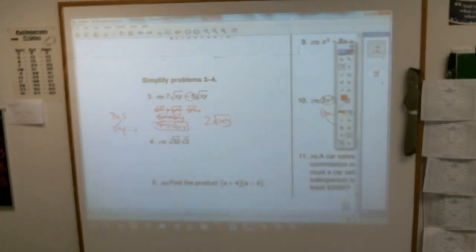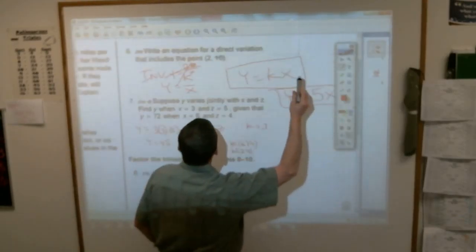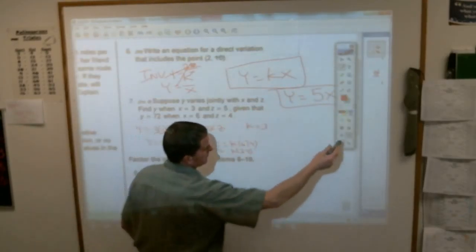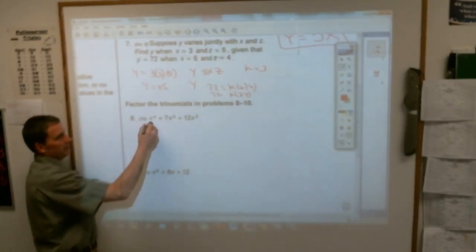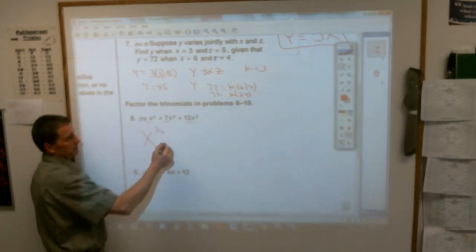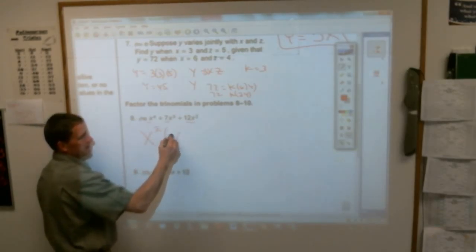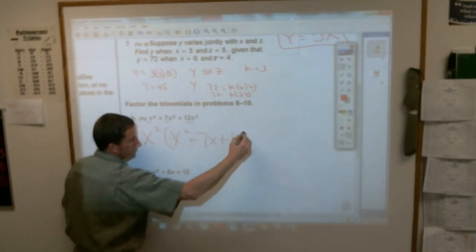Number 8, you just need to recognize that you can take something out of all those terms. What can I take out of this, this, and this? Not a number, but an x squared. And when you take the x squared out, you're left with x squared plus 7x plus 12.